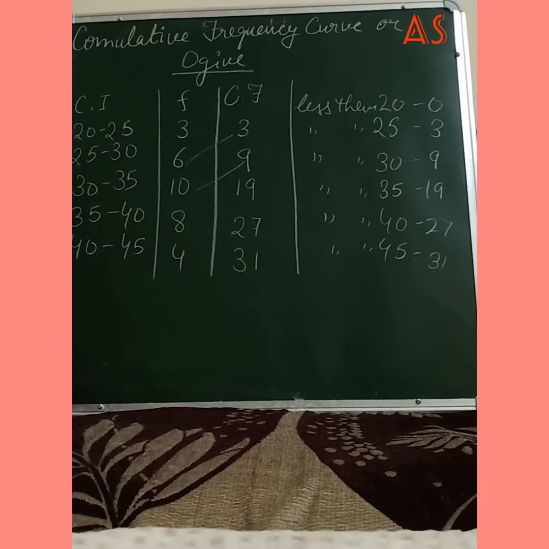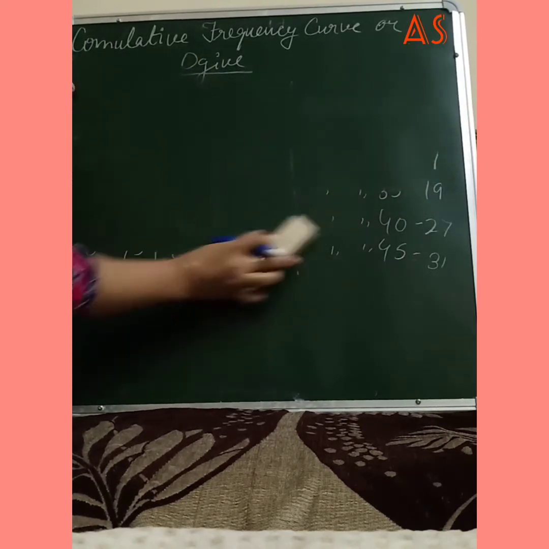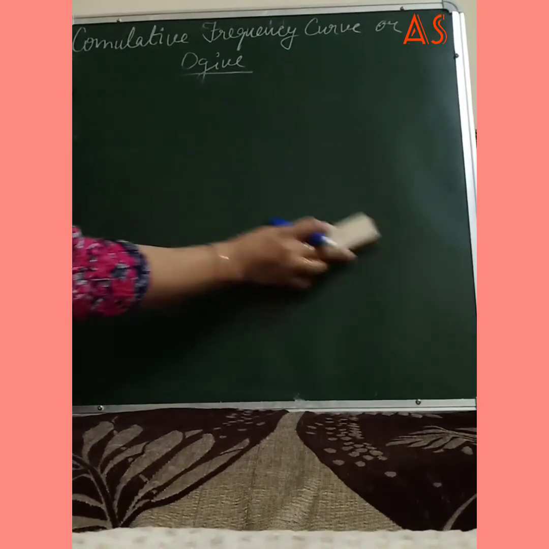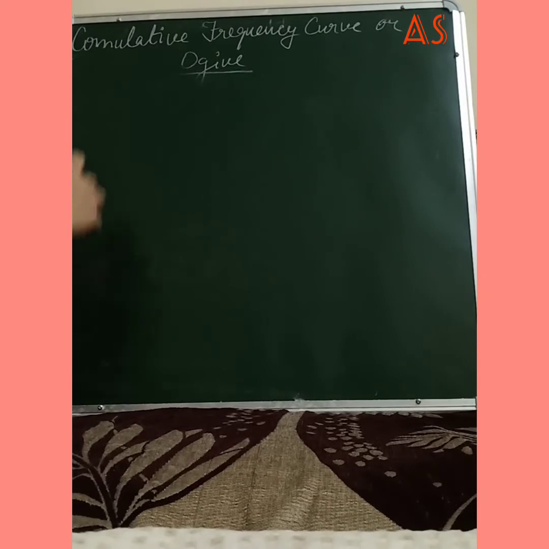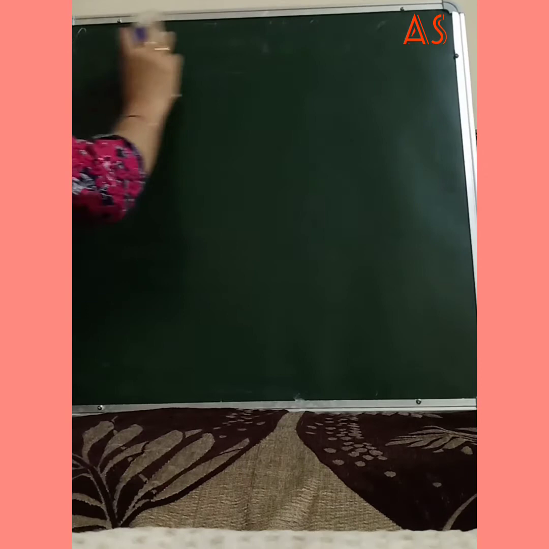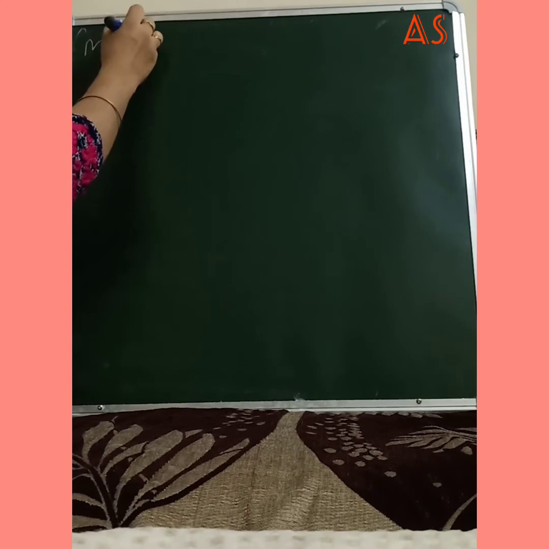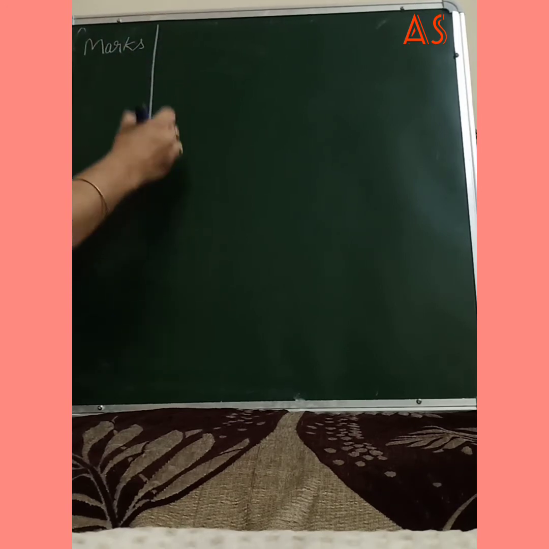Next is our ogive. So what is the ogive? How to draw the graph of the ogive. For the ogive, class intervals are given. The intervals are always continuous. If not continuous, then I already told you how to find your continuous data.